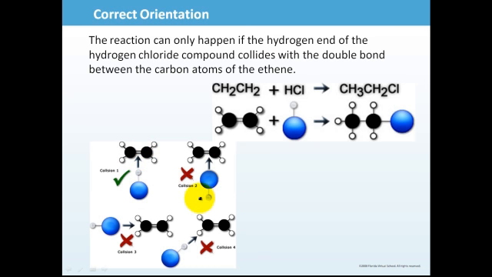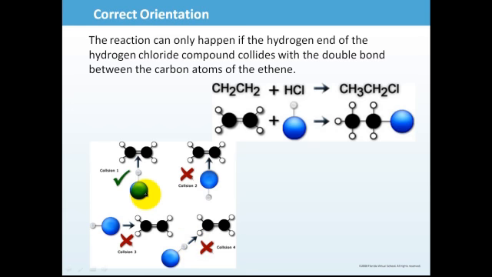Now here you can see in these other three examples are arrangements that would not work. If we had the chlorine colliding with a double bond, that's not going to work. If we have the chlorine colliding outside just with a carbon, that's not going to work. Or even if we have hydrogen colliding with hydrogen. There's lots of different possible combinations, but they're not going to work.